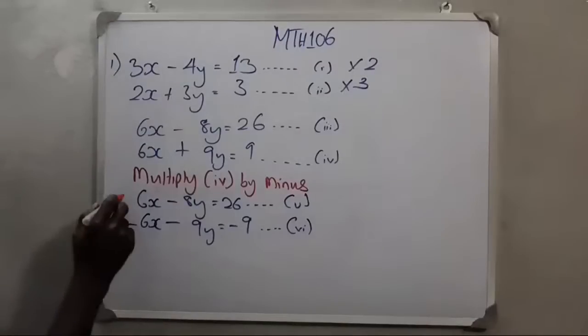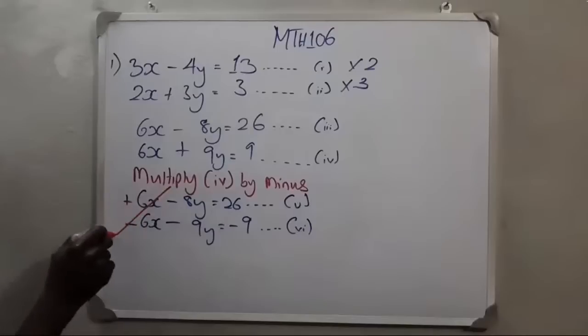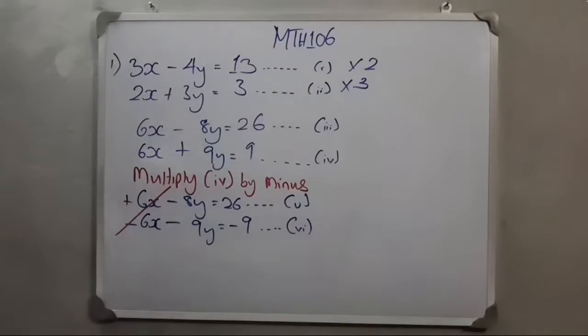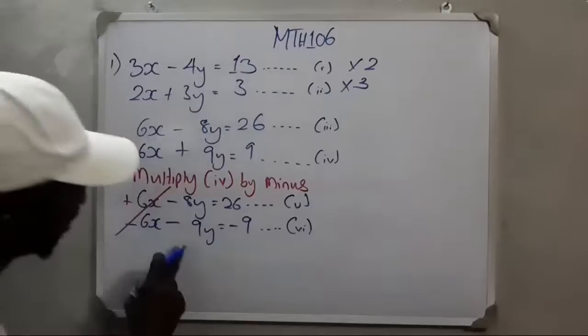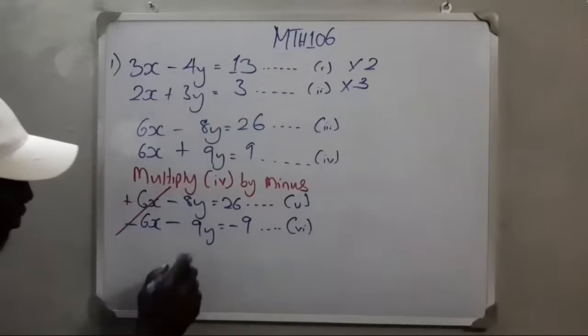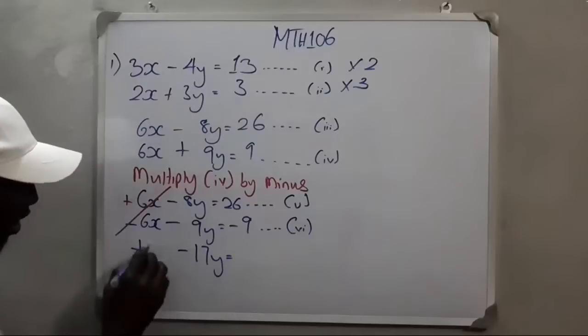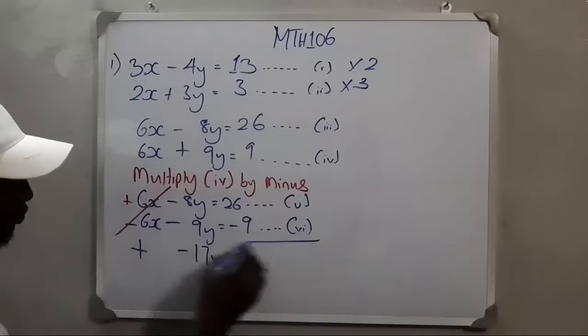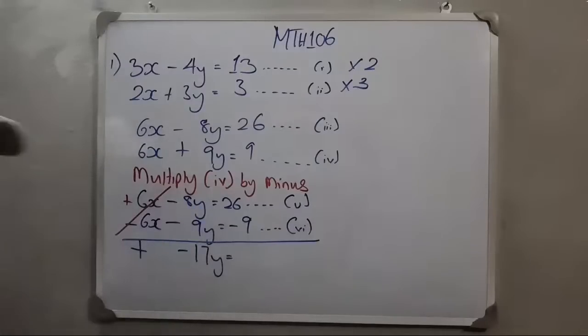Since this is positive, and this is negative, we can strike these two out. This will give us minus 17y. Now we are adding the two together.